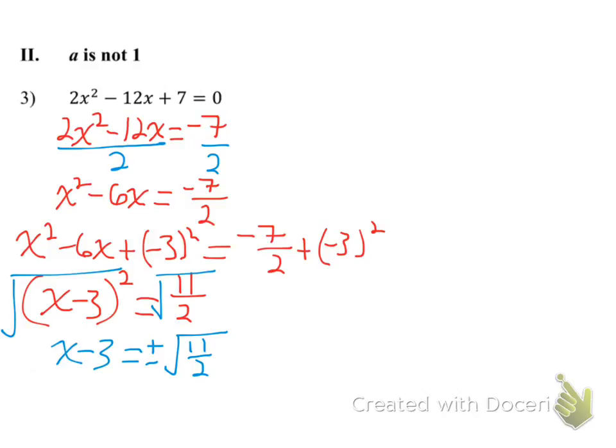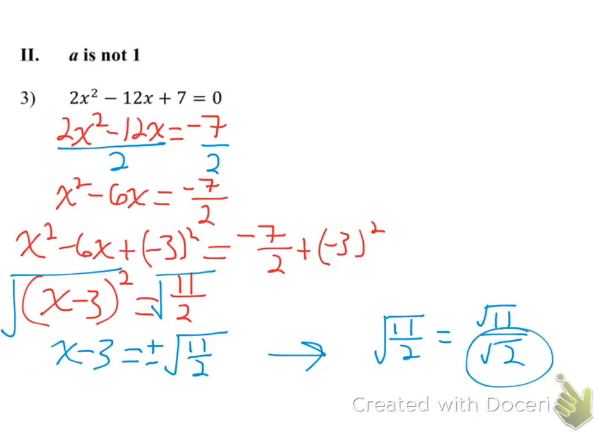Now off to the side, and I'm going to end up erasing this. Remember that square root of 11 over 2 is the same thing as square root 11 over square root 2. We are not allowed to have square roots on the bottom. So in order to clean that up, we need to multiply top and bottom by square root 2.